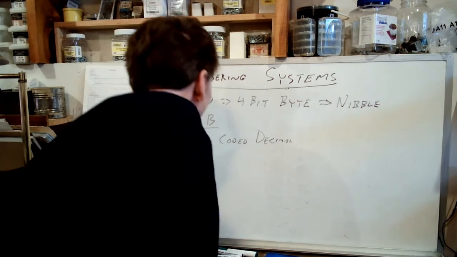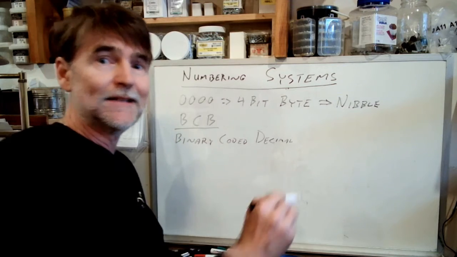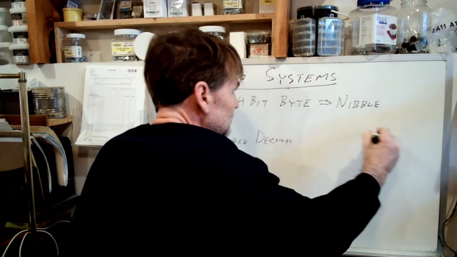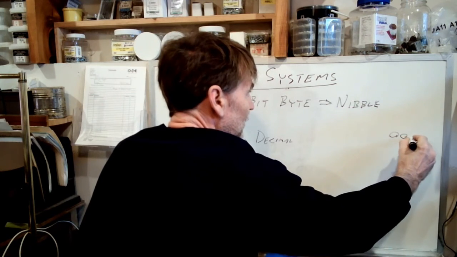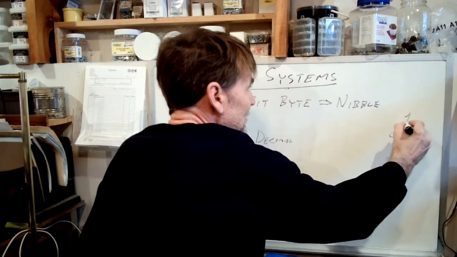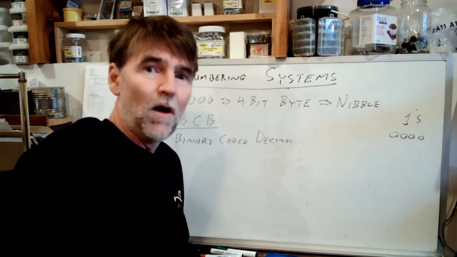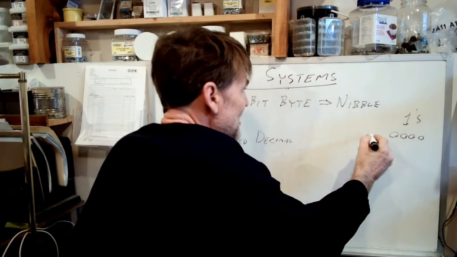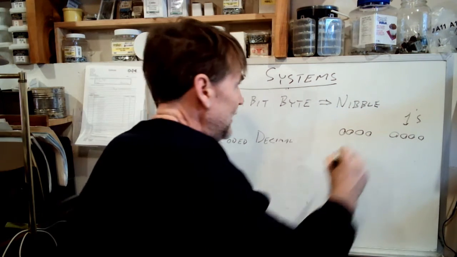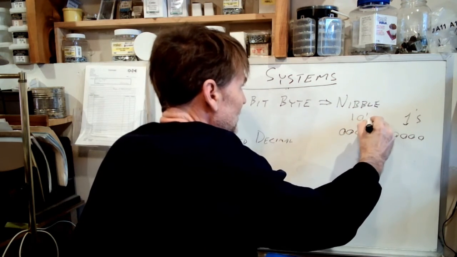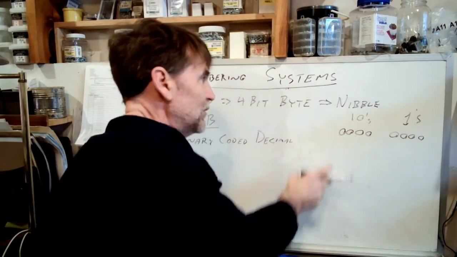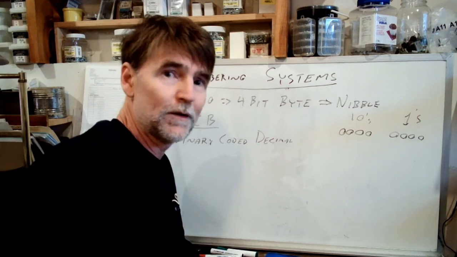So what BCD is going to do is use a nibble to represent the ones column. And then it's going to use another nibble, another 4-bit byte, to represent the tens column. It can use another nibble to represent the hundreds column, and so on and so forth.